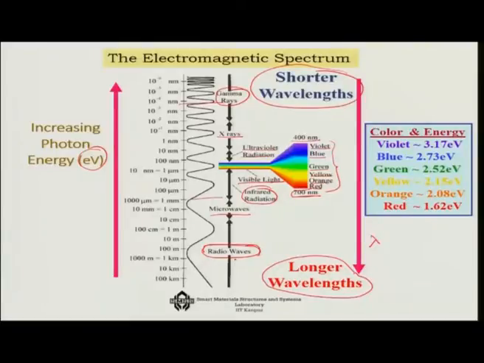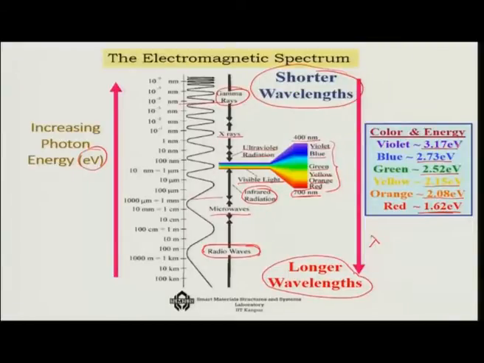For example, in the visible spectrum itself, red has an energy of about 1.62 electron volt, orange 2.08, yellow 2.15, green 2.52, blue 2.73. It is increasing gradually, and violet is 3.17 electron volt.